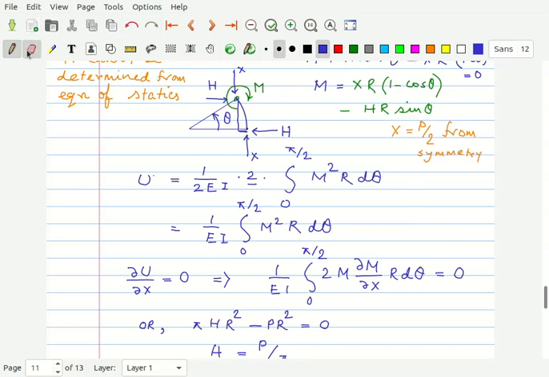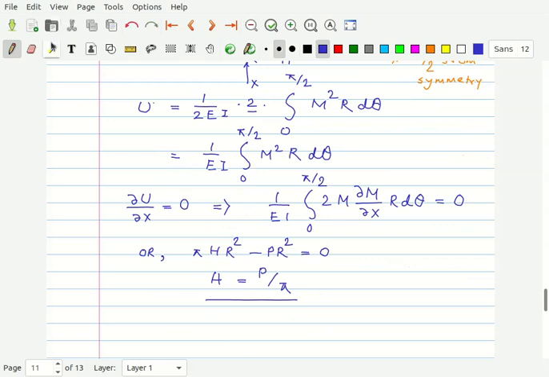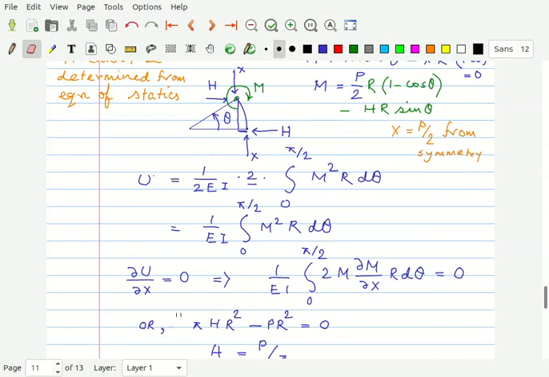So here you replace x by P by 2, and you put that here, and here you compute del u del h equal to 0.